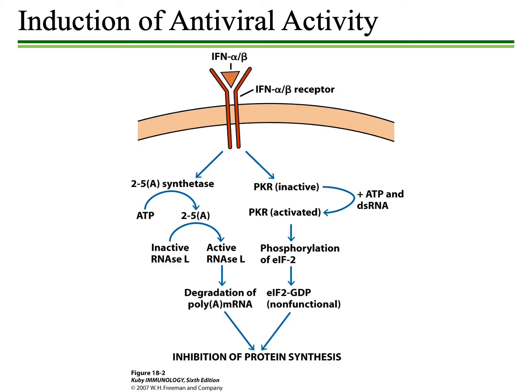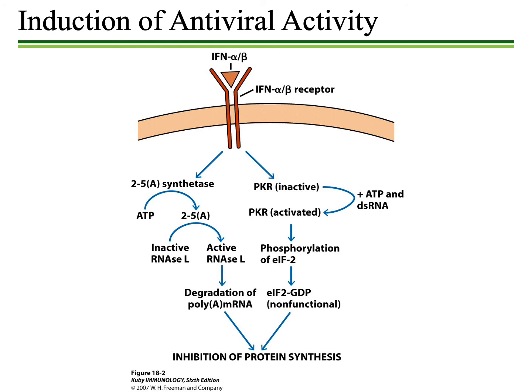Okay, now let's look with a little more detail and specificity at what happens when a specific type of cytokine known as interferon alpha or interferon beta, in this slide abbreviated IFN, is produced. So again, this is a specific type of cytokine that is initiated in response to viral infections. What you see in this figure is the cell membrane of a host cell that is infected with a virus.